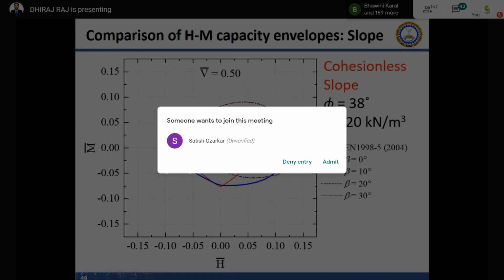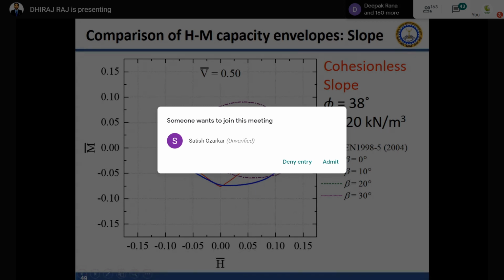These coincide with the blue lines very nicely. But not in the case of vertical load and moment in the positive direction. Okay, but if the foundation is kept on top of the slope, you can see these envelopes are shifting towards the right.